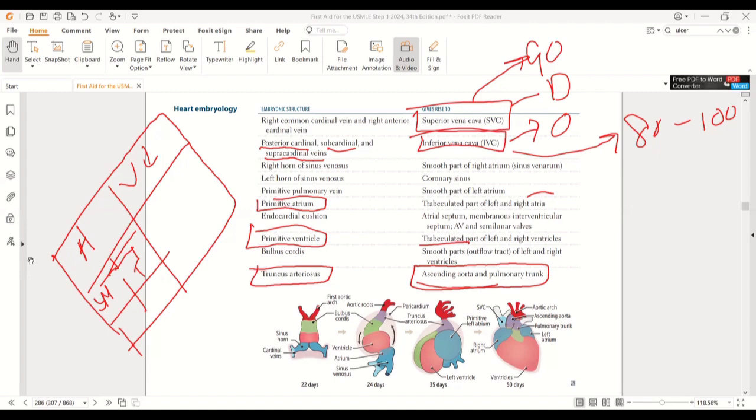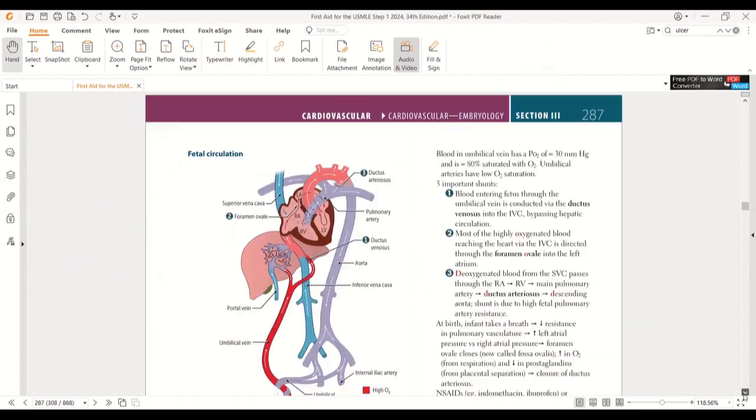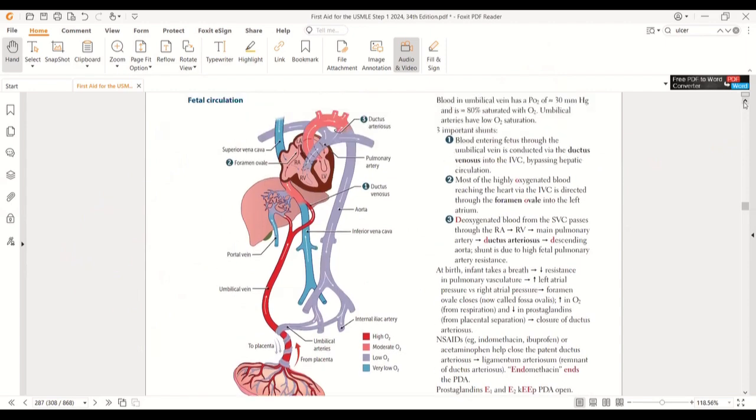Yes, if you can please scroll up to the diagram. Oxygenated blood goes through the umbilical vein, and then continues through the ductus venosus to the right atrium.